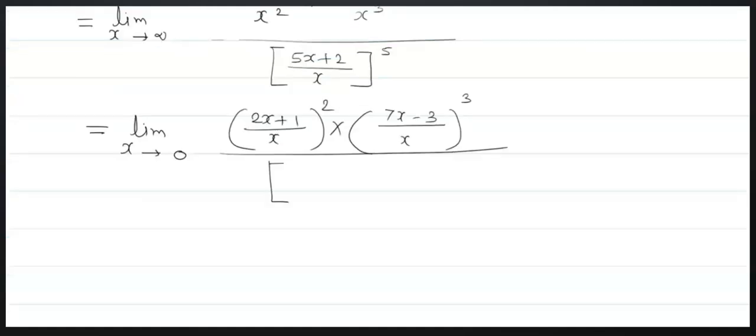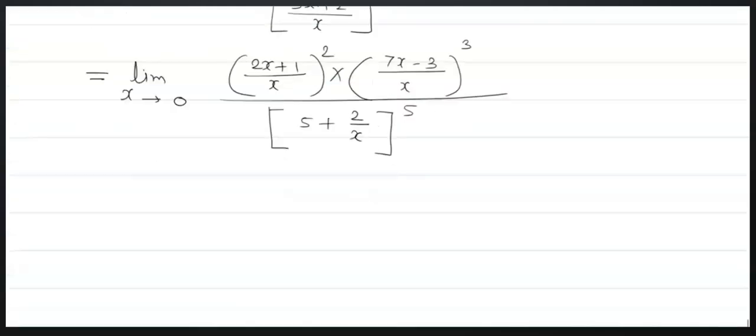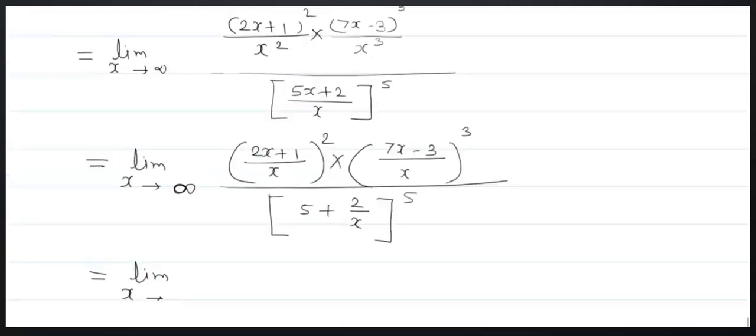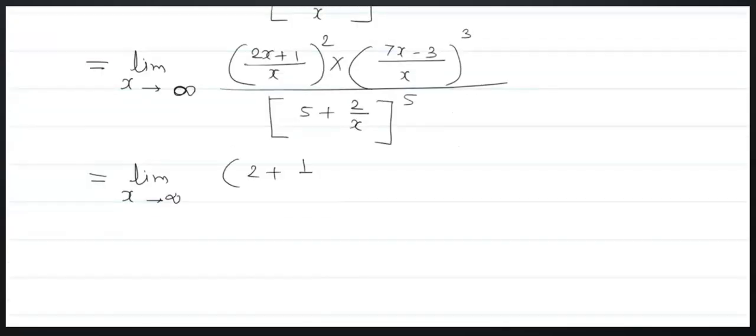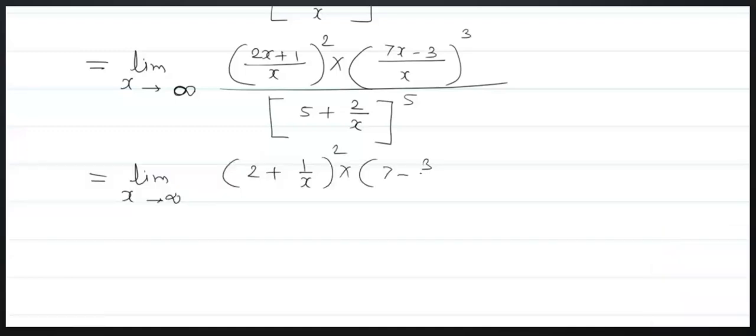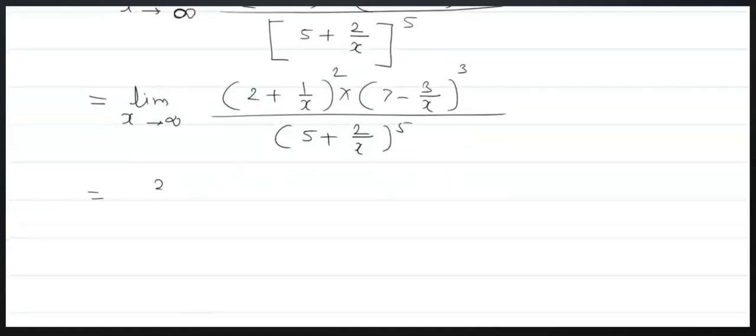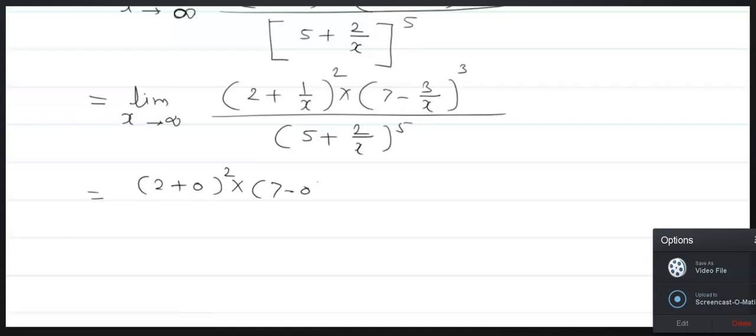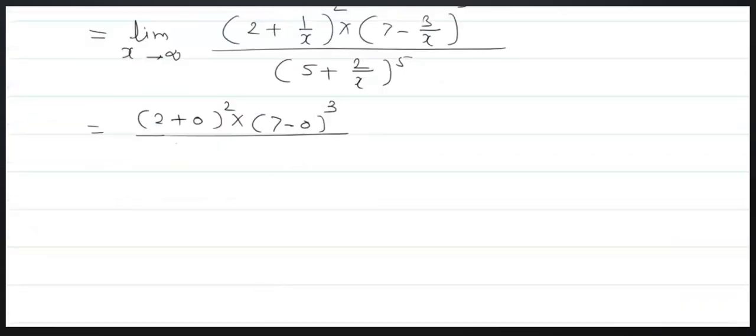Separate it. Here dividing, 2x upon x is 2 plus 1 upon x, and 7x upon x means 7 minus 3 upon x, in bracket cubed. Therefore, you will get (2 plus 0) squared, (7 minus 0) cubed, and (5) raised to 5.